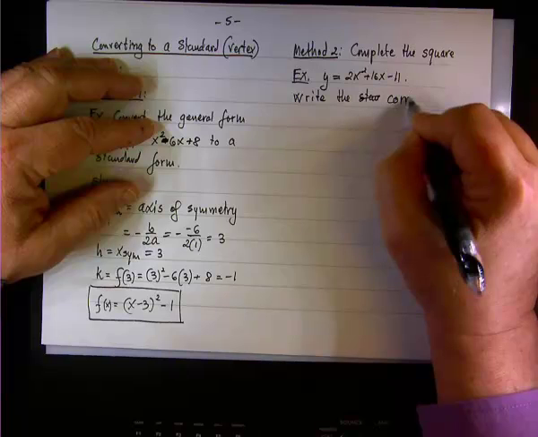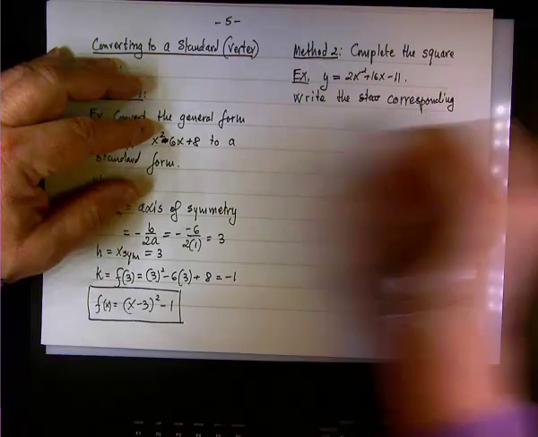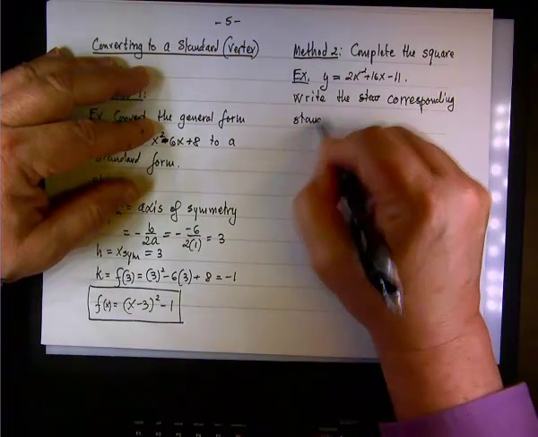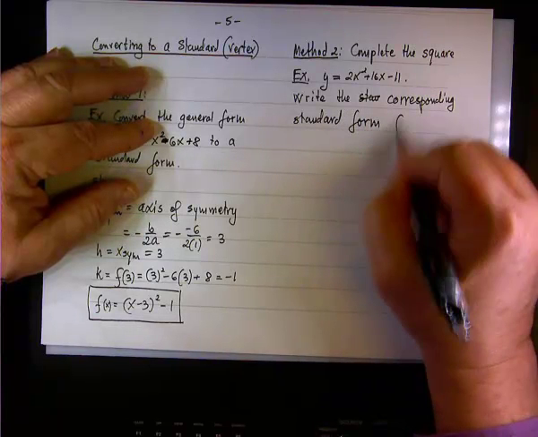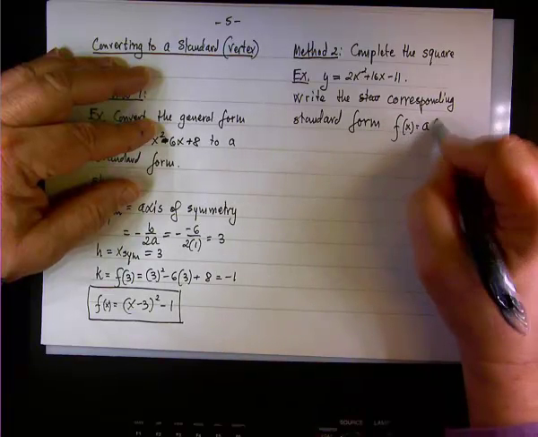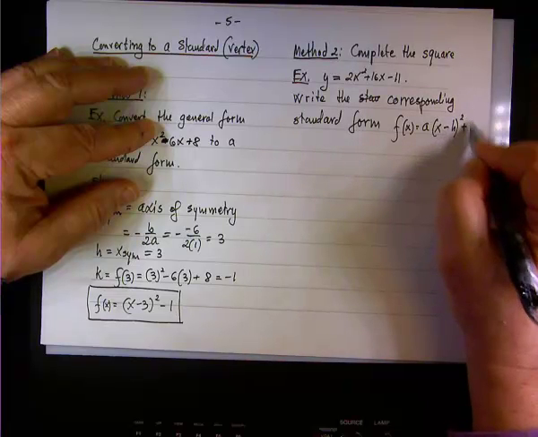Write the corresponding standard form. In other words, I want to write it as a times x minus h squared plus k.